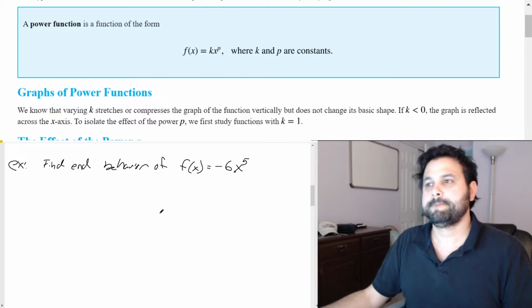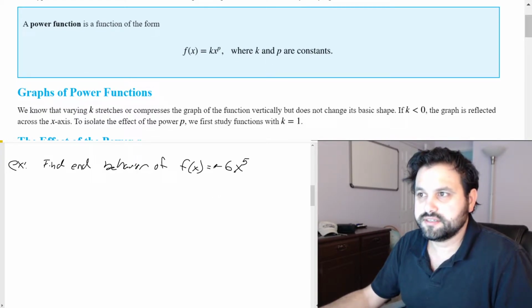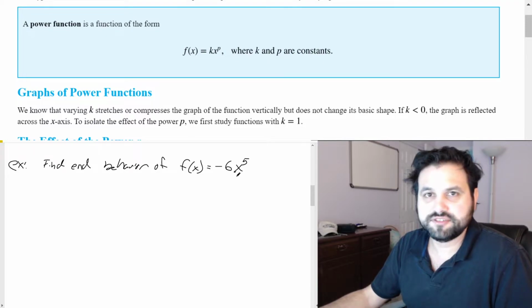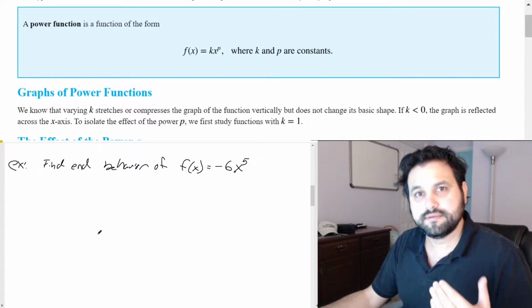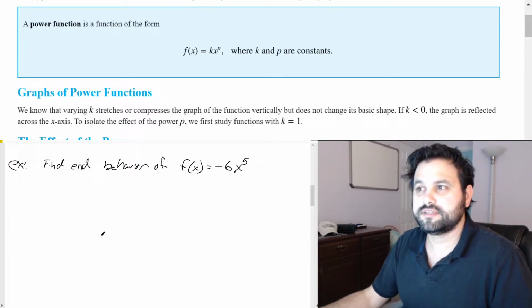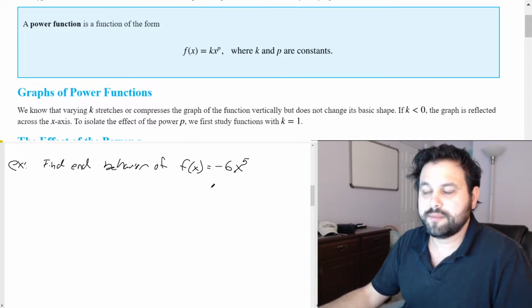Okay. Negative 6x to the 5. This is a power function, right? So there's three pieces: a coefficient, x is your base, 5 is your exponent. Because 5 is the exponent, it's an odd exponent. It's going to resemble x cubed. But here's the thing we have to remember.